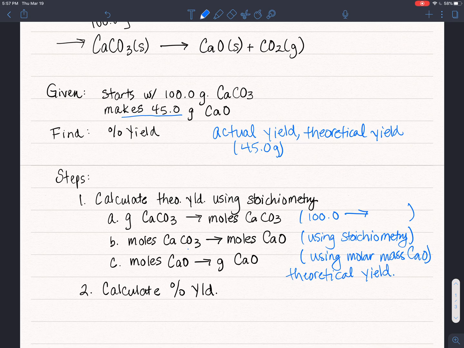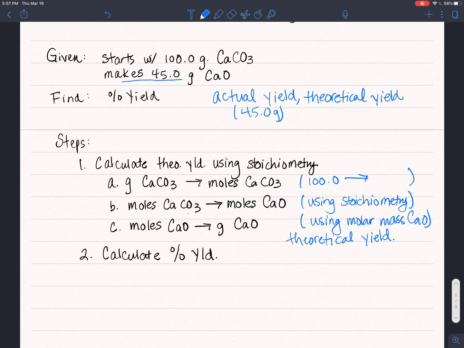Then we can calculate our percent yield by taking the actual yield, which is that 45.0 grams, divided by our calculated theoretical yield. We would multiply that by 100% to get percent yield.